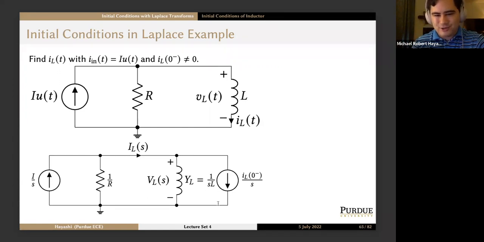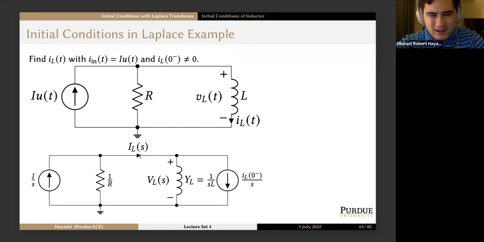And then we're going to turn off the applied current source and do the current division with our initial condition current source. So we'll get that the current through the curly Y sub L is, again by the voltage division, 1 over sL over 1 over R plus 1 over sL times iL of 0 minus over s, with a negative sign.